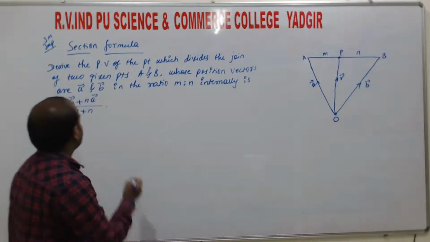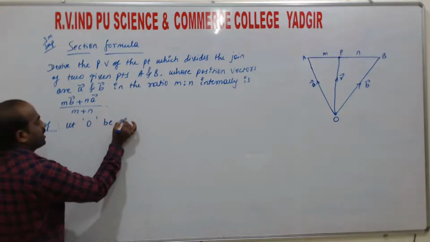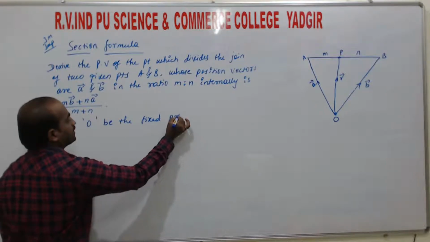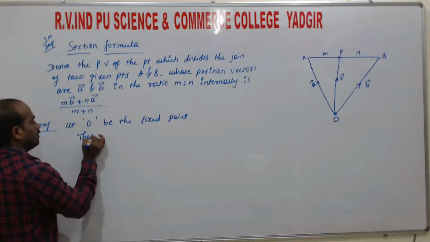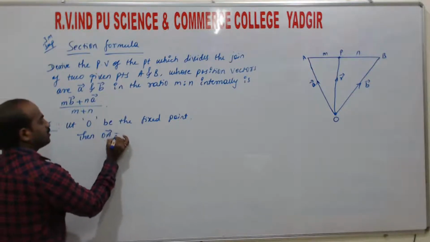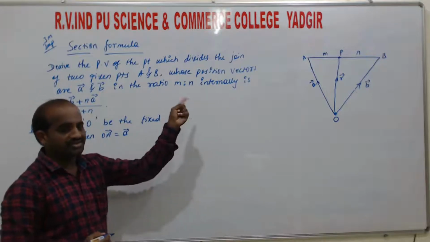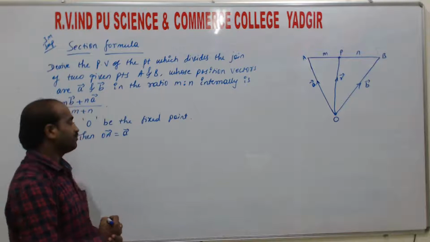Let O be the fixed point. Then OA vector is equal to A vector and OB vector is equal to B vector, the join of two given points A and B whose position vectors are A vector and B vector.